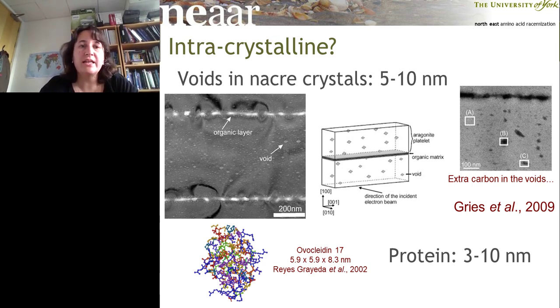But some really nice advances in the imaging technology, particularly by the Grease et al. group, were able to show that these actually exist in abalone shells, and they did some really nice work showing that these kind of faceted voids exist within organic crystals, and that these faceted voids have extra carbon in them. And when you look at the size of them, our proteins would fit really nicely in them. So I think this is probably the source of our intercrystalline material.